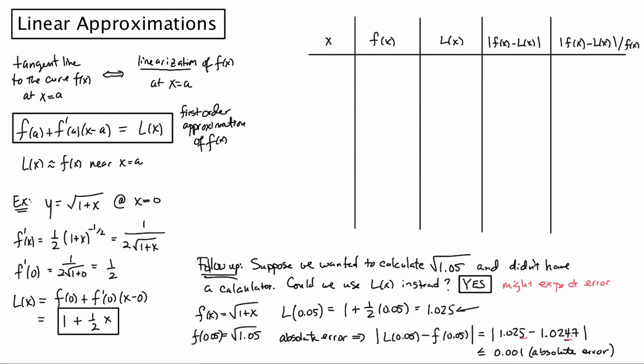Now, what makes this possible is that we're staying close to the point that we linearized. So we linearized the function near the point 0, and we're trying to give an approximation at 0.05, which is pretty close to 0.